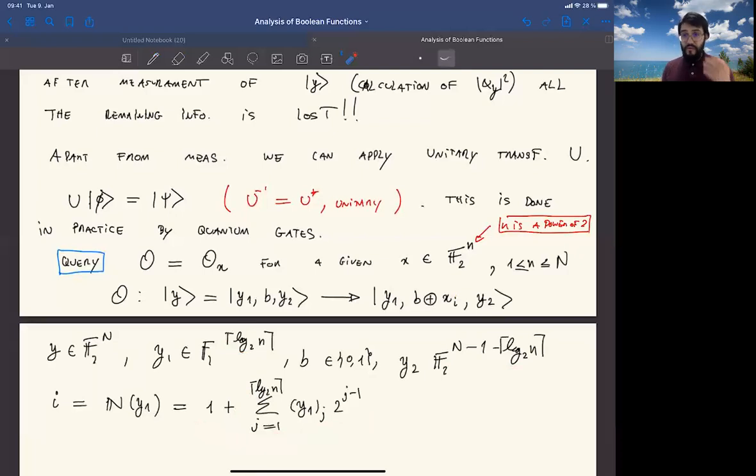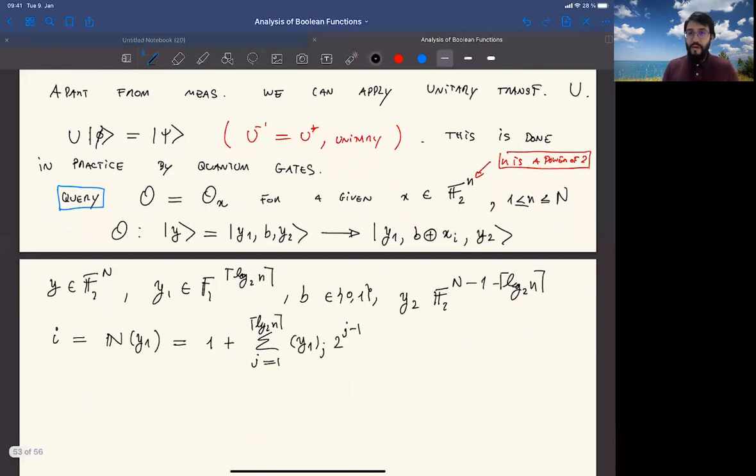And if it's not a power of 2, that's fine. It's just going to be less than or equal to n. So n of y1 is just the number that that string represents.